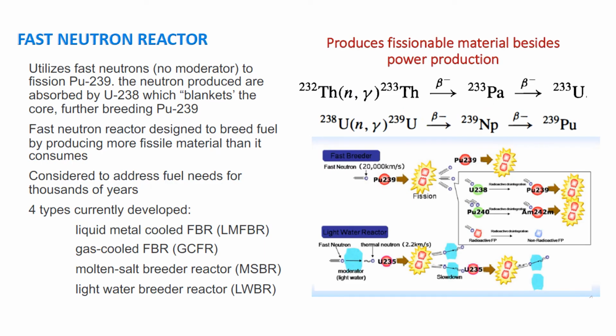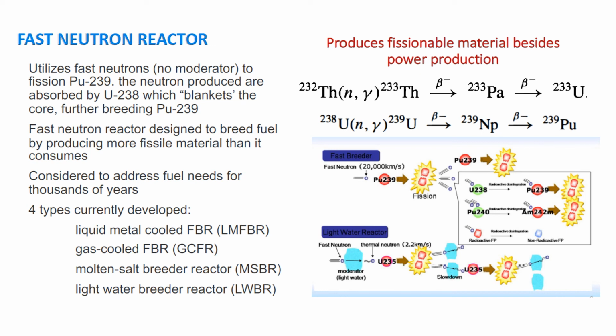And we also have your fast neutron reactor, which utilizes fast neutrons, no moderator, to fission your plutonium-239. And the neutrons produced are absorbed by uranium-238, which blankets the core, further breeding your plutonium-239. Fast neutron reactors are designed to breed fuel by producing more fissile material than they consume, and this is considered to address the fuel needs for thousands of years.